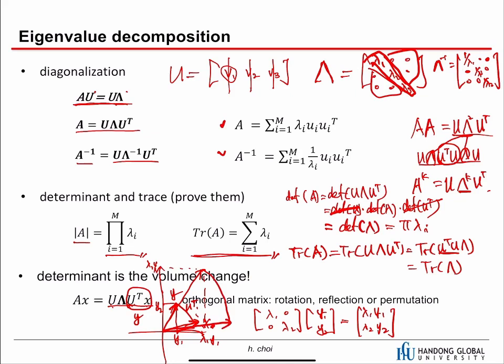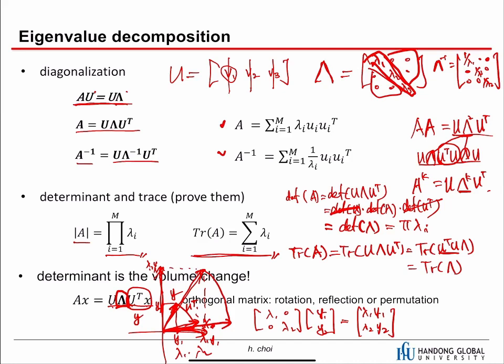Okay, so the volume change is affected by only this one, lambda. And look at this one. When we change the volume from this one to this one, we multiply by lambda 1 and lambda 2 in this direction and this direction respectively. So if we calculate the area, lambda 1 times lambda 2 is actually changing the area.